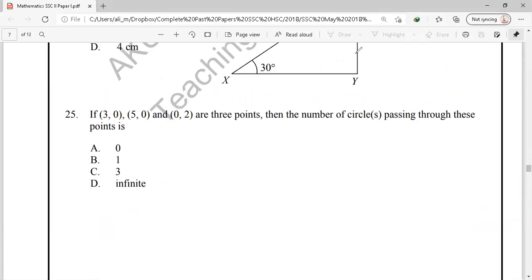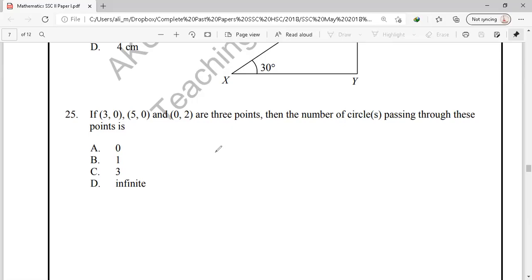Let's see question number 25. This question says that we have 3 points, and the number of circles passing through these points is asked. We have studied a theorem that states that through three non-collinear points, only and only one circle can pass.